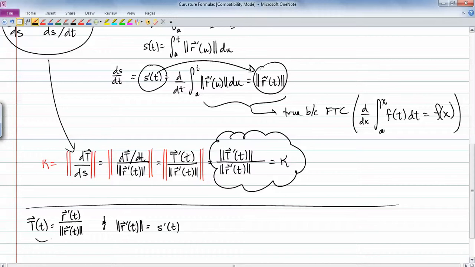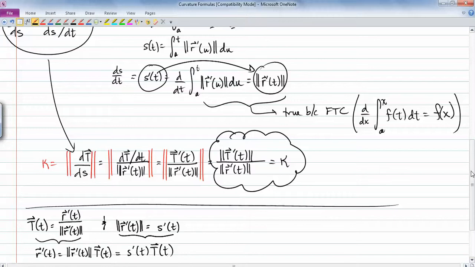If we rearrange this, r prime of t is going to be T of t times the magnitude of r prime. So r prime of t equals, using this substitution, s prime of t times T of t.